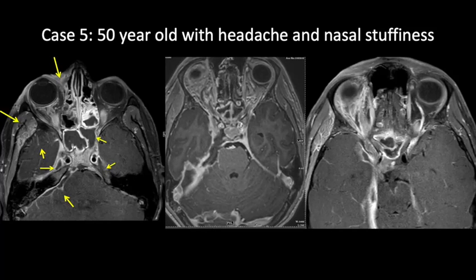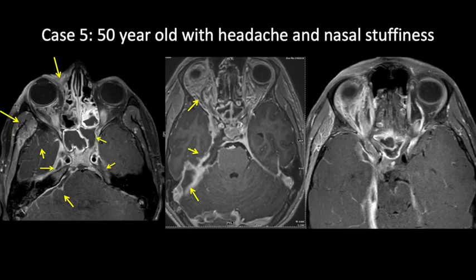We have that pre- and post-septal phlegmonous reaction, as well as some right leptomeningeal and pachymeningeal enhancement within that anterior cranial fossa. We also see that there's an extra-axial empyema within the posterior fossa.